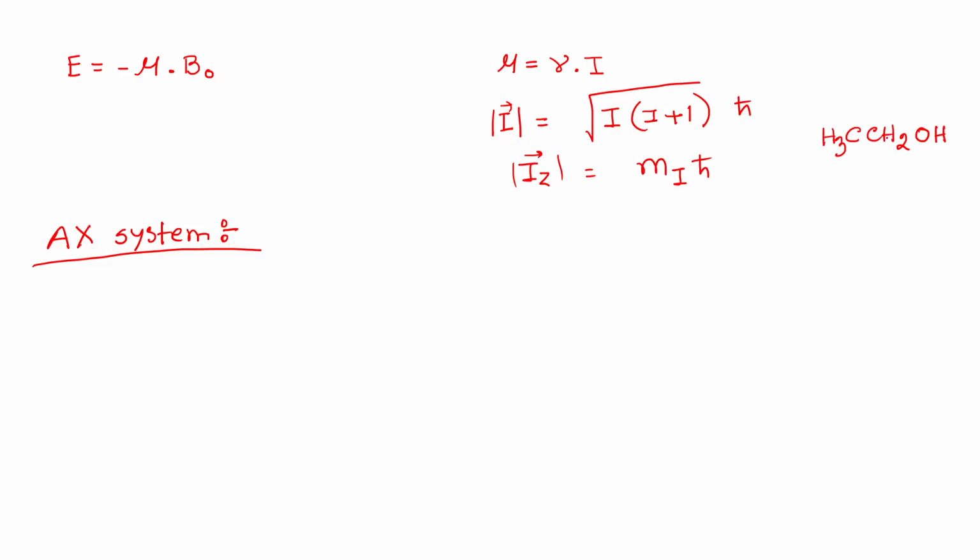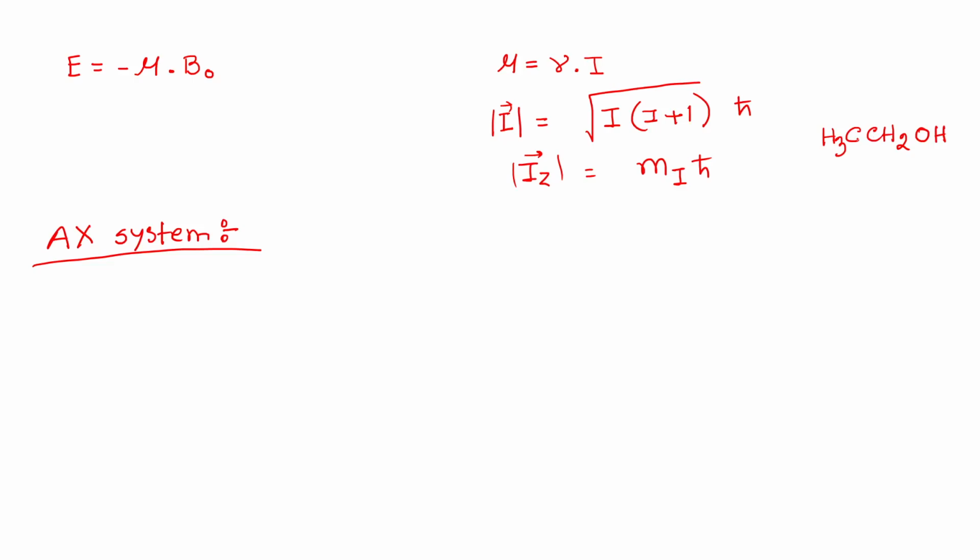And this proton, which is a different proton having a different electronic environment around it, is going to have a different shielding constant, and due to that shielding constant it experiences a different magnetic field.